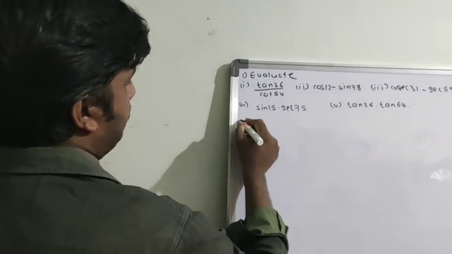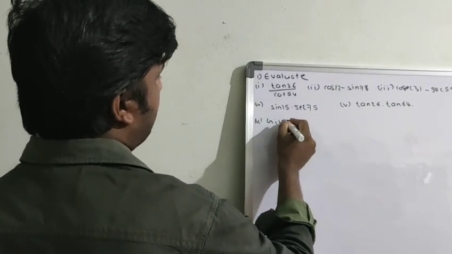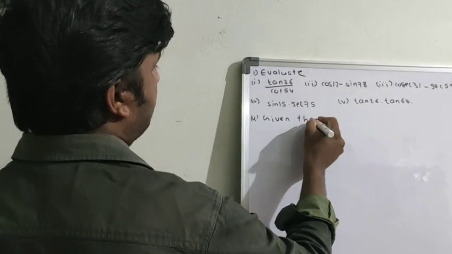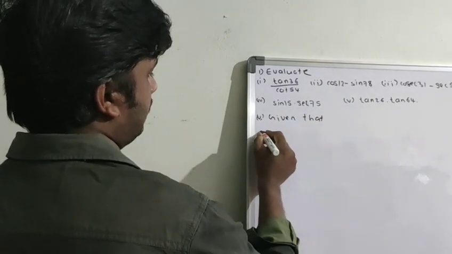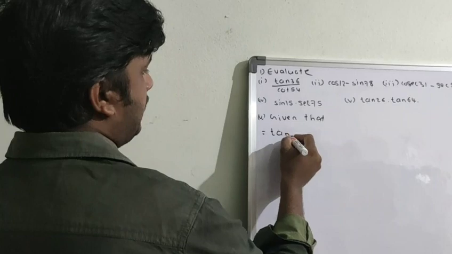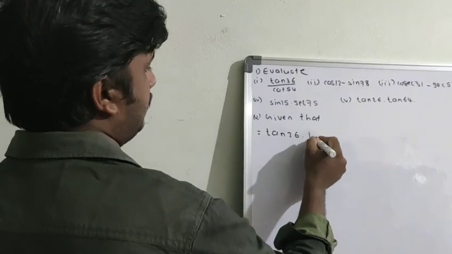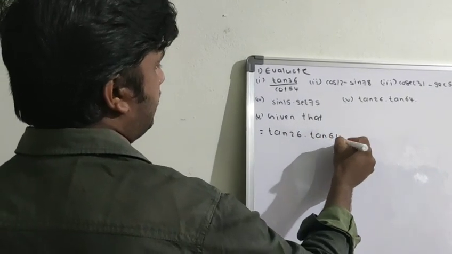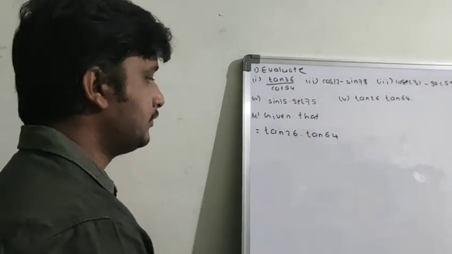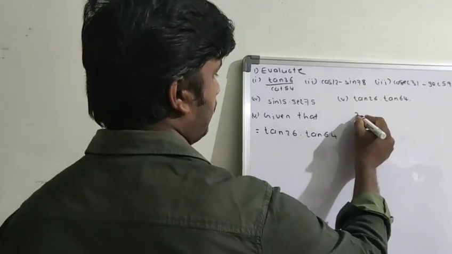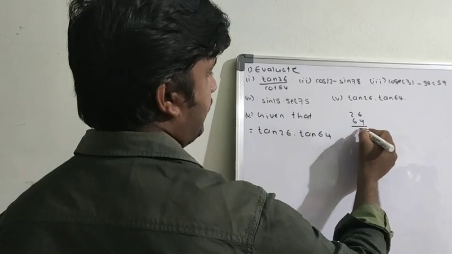So, fifth question. Given that tan 26 into tan 64. For verification, 26 plus 64, if you do the addition, you will get 90.